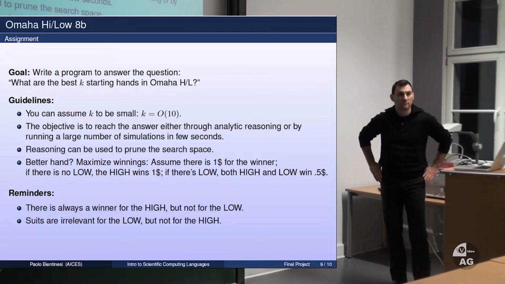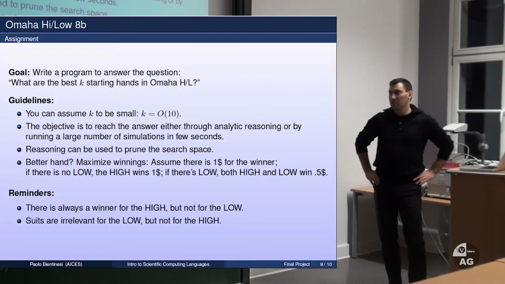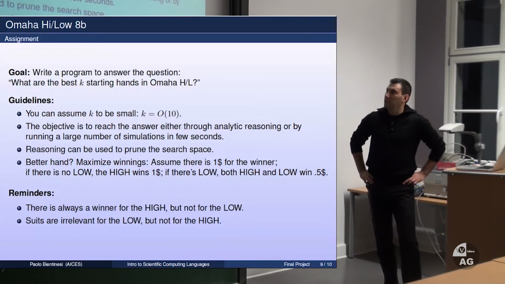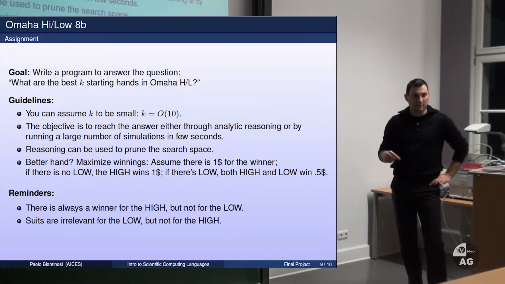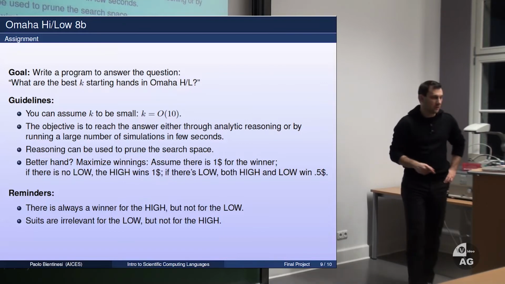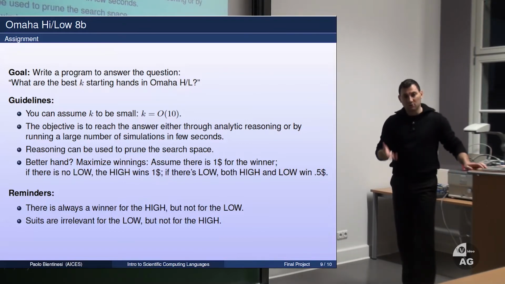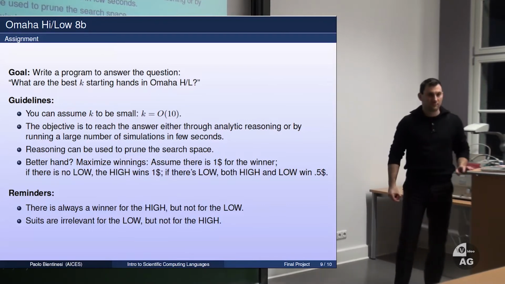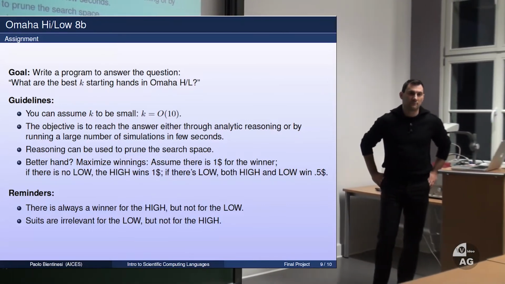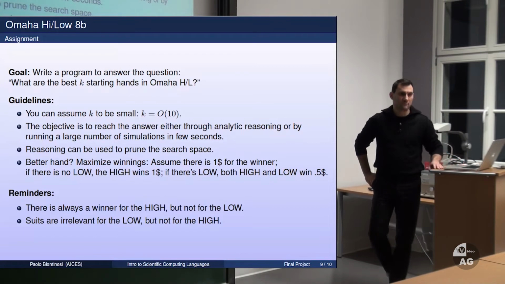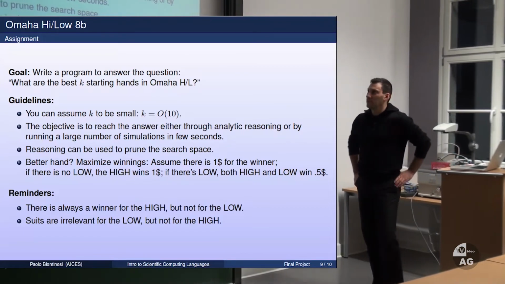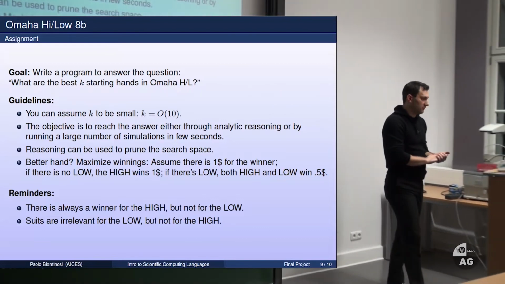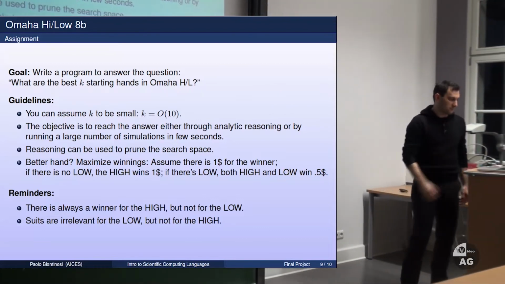It shouldn't matter, but it might affect the complexity of your algorithm, because you don't have any knowledge of the cards of your opponents. The hand cards are face down. So it doesn't really matter, but I don't want you to get confused, so just assume that you're playing against one.